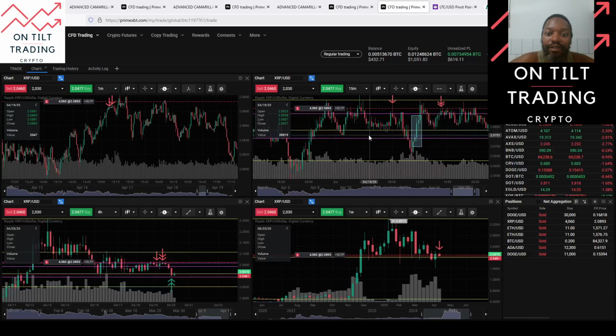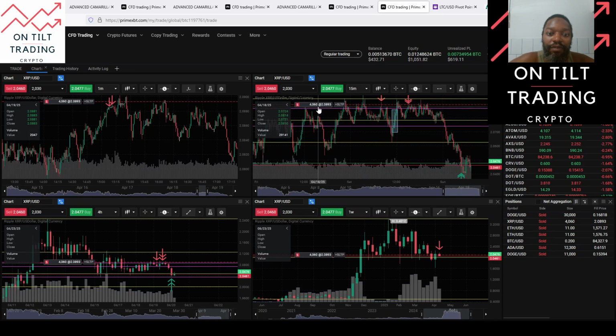You can see my stop is just above this candle here with the spread. I believe there's about a 16 cent or so spread, but a few cents above the difference of the spread up here is where I put my stop.